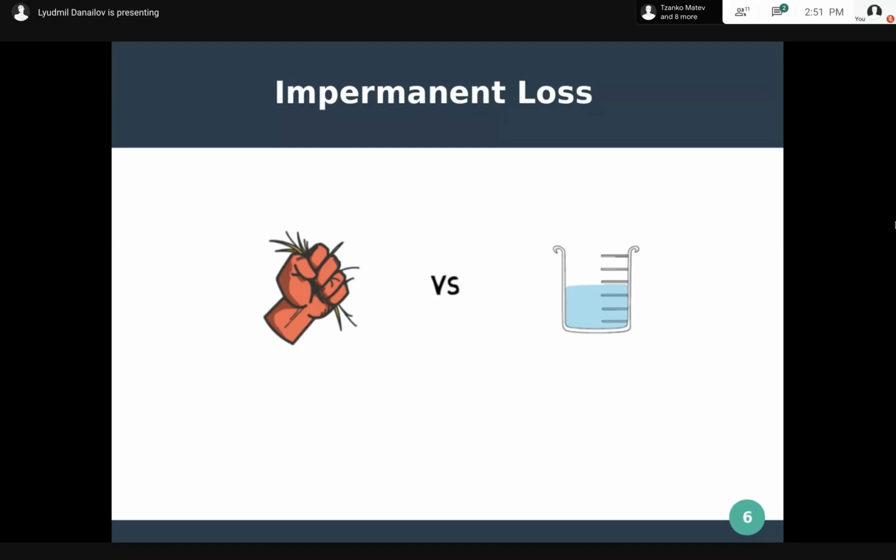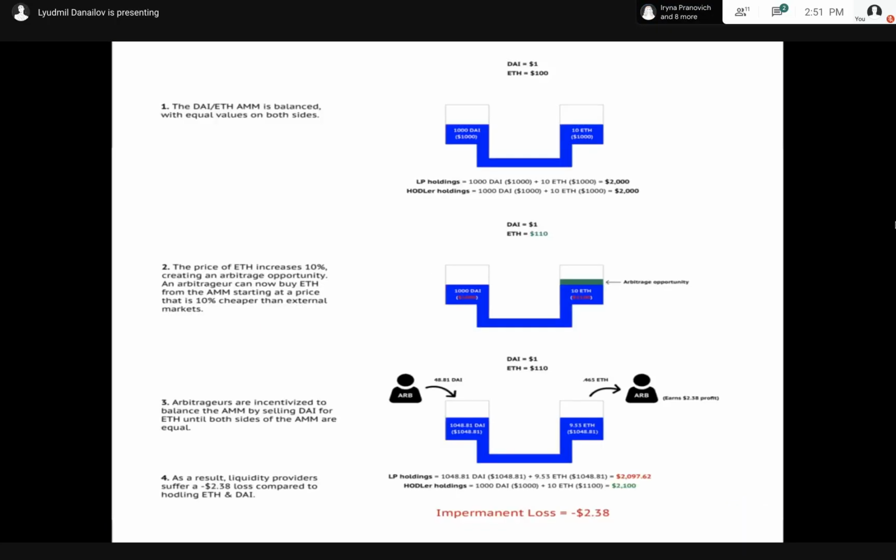During this process, the profit extracted by arbitrageurs is effectively removed from the pockets of liquidity providers, resulting in permanent loss. So back to the example of DAI Ethereum 50-50. As shown in the slide, a change in the price of Ethereum opens an opportunity for arbitrageurs to profit at the expense of liquidity providers.